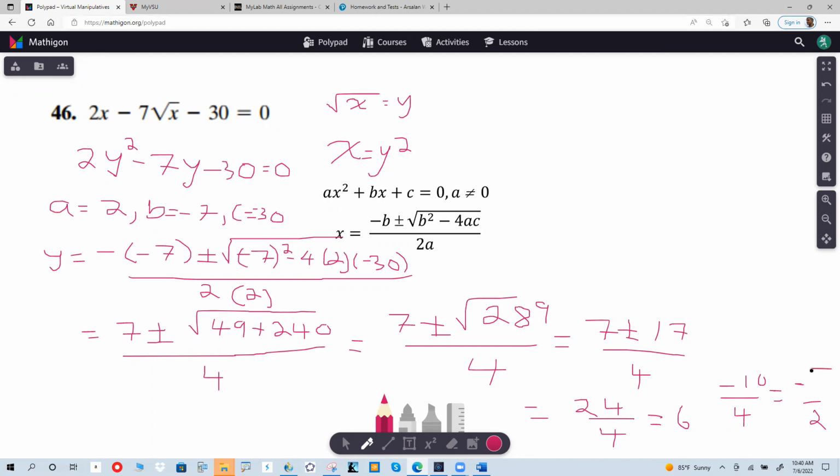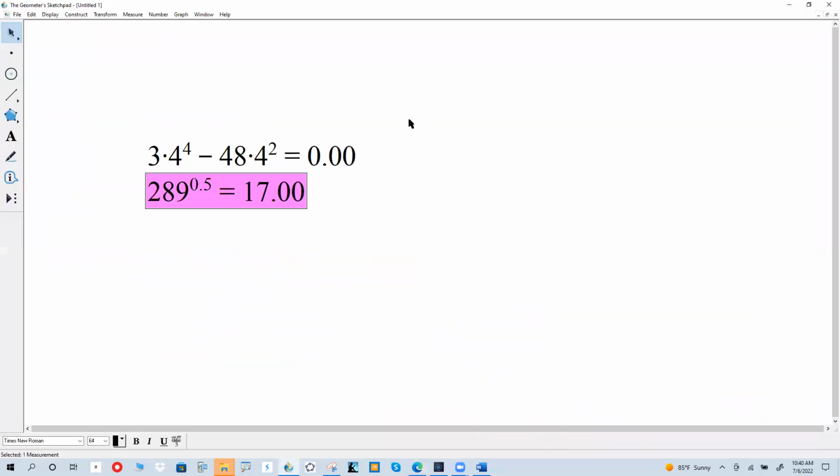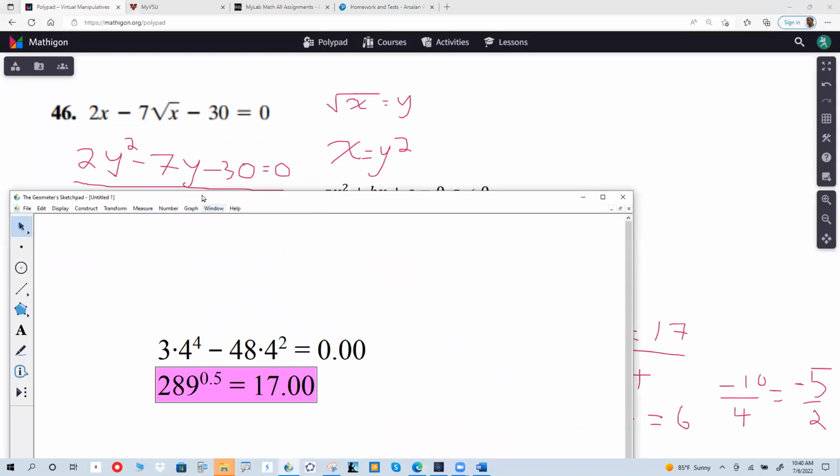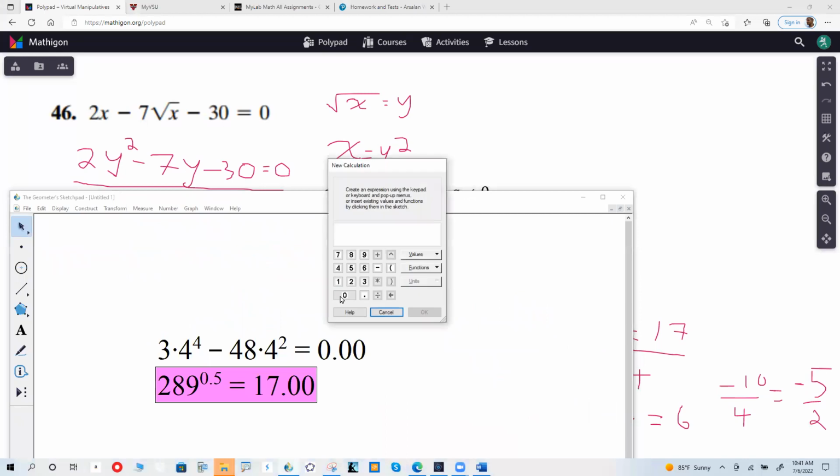I'm going to do a quick check with my red equation right here. 6 is correct. Calculate 2 times 6 squared minus 7 times 6 minus 30. I'm getting 0. That's a good sign.